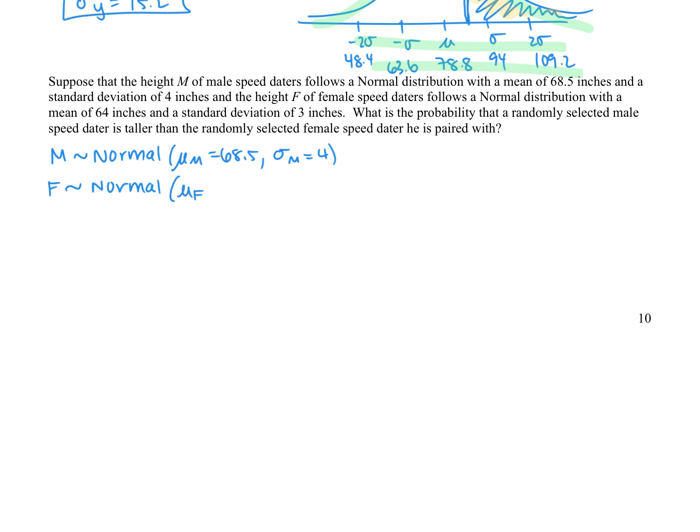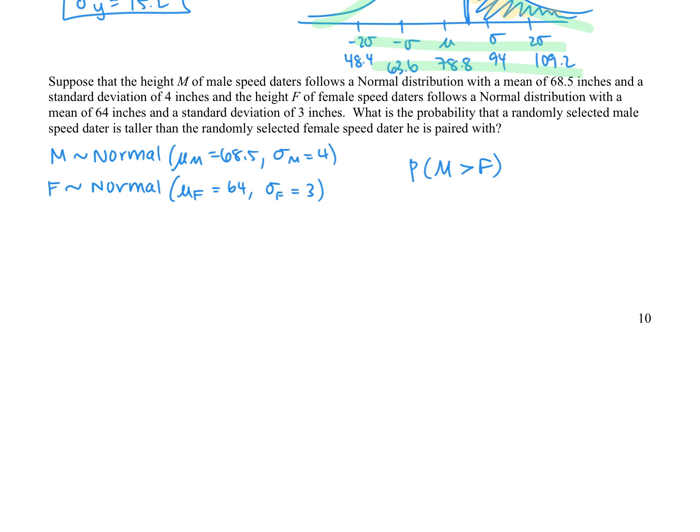The mean of F is 64. Standard deviation of F is 3. And then in probability notation, what are we asked for? We are asked the probability that a randomly selected male will be taller than the female. So always start with everything that you are given.